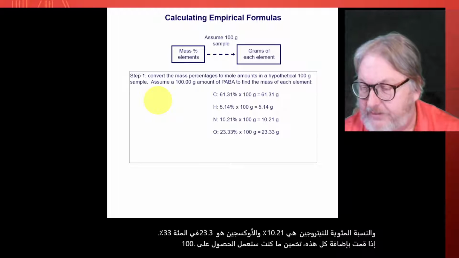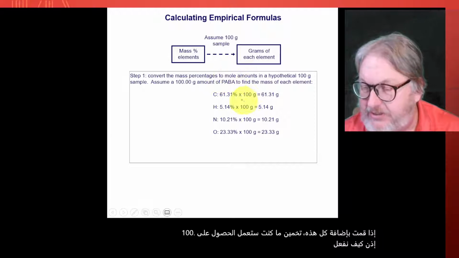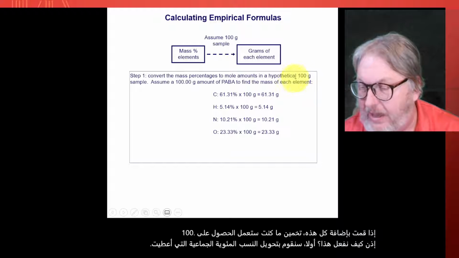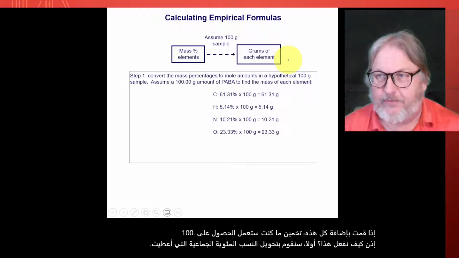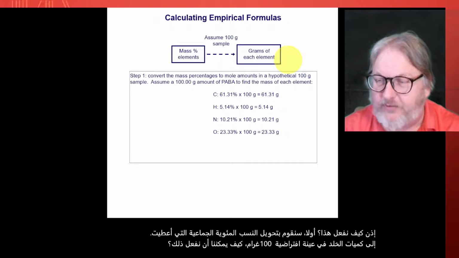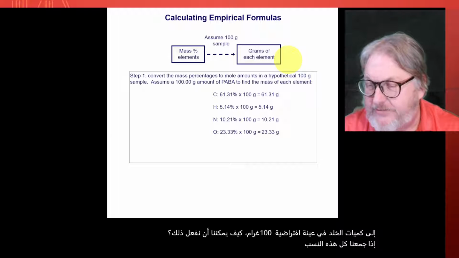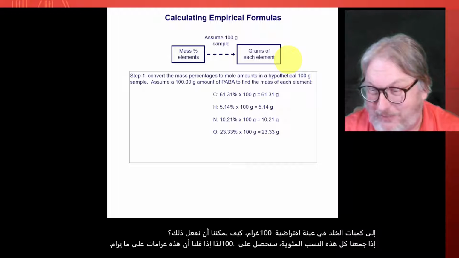So, how do we do this? First, we're going to convert the mass percentages, which were given, to the mole amounts in a hypothetical 100-gram sample. How can we do that? If we add up all those percentages, we get 100. So if we say those are grams, we add all those up, we get 100.